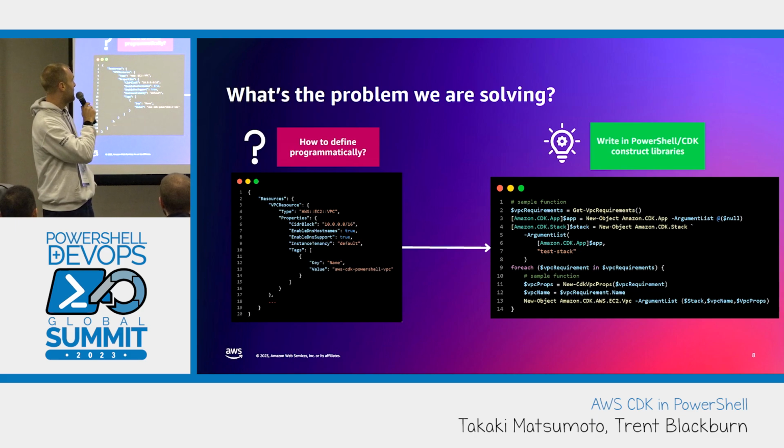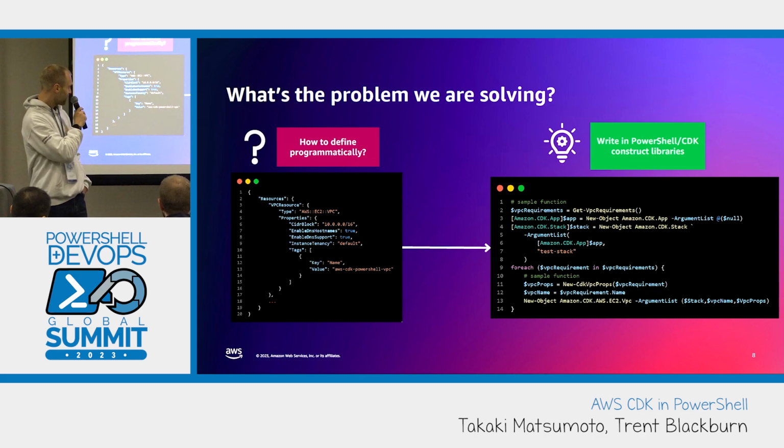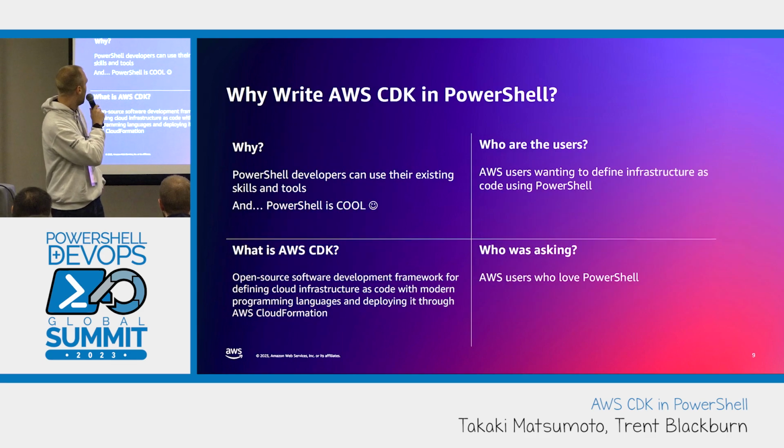And on the right side is the version of that in the PowerShell AWS CDK. So it's a lot more readable and a lot simpler to understand for those of us who know PowerShell. Go ahead to the next slide.